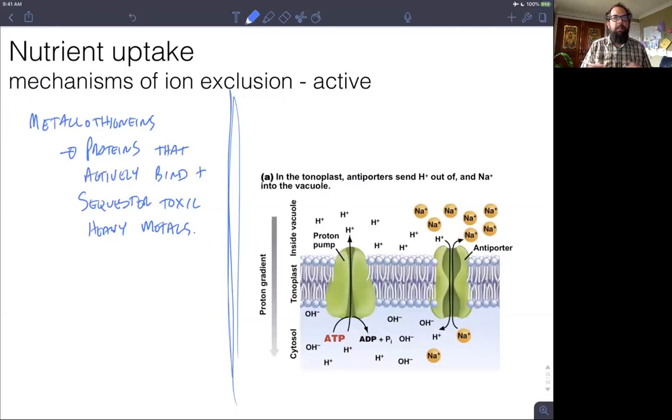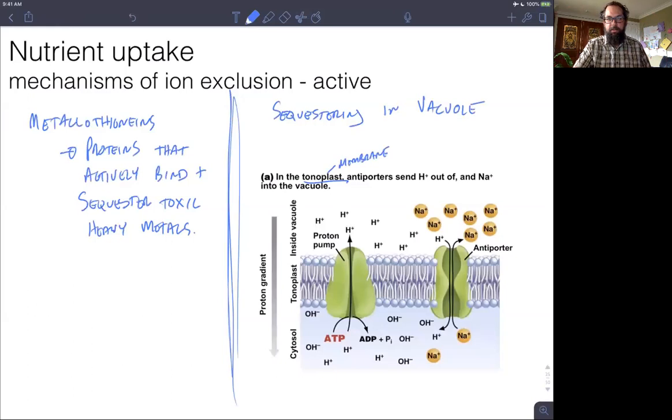The other way is that the ions are sequestered in the vacuole. So remember that plant cells have a vacuole, and that vacuole has a membrane around it. That membrane is called the tonoplast. So this is the membrane. And this membrane actually has a lot of channel proteins, specifically antiporters for specific ions. And so this is really common for salts.